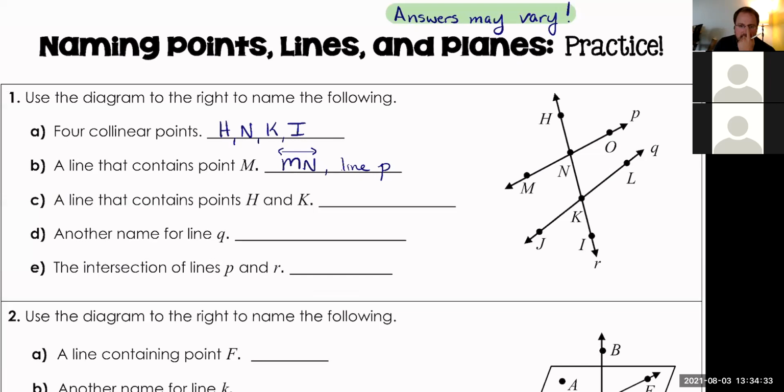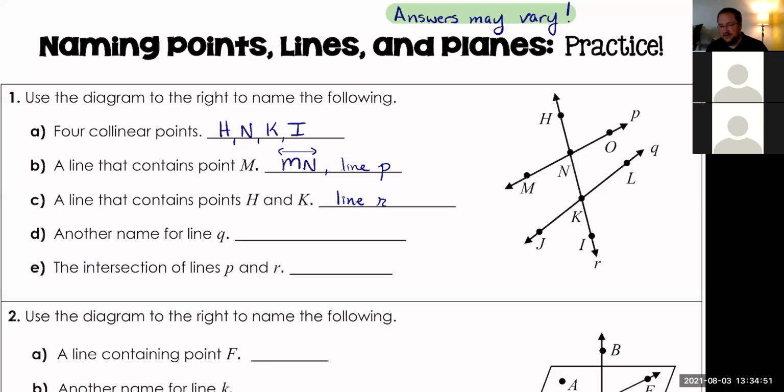What about a line that contains points H and K? Line R. I don't know how to do a cursive R by itself. I think it's like that.